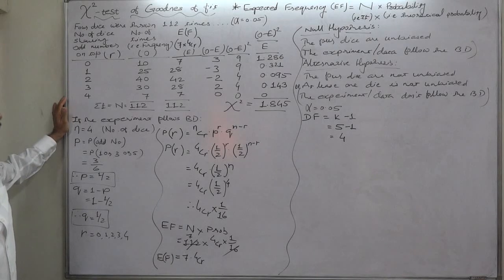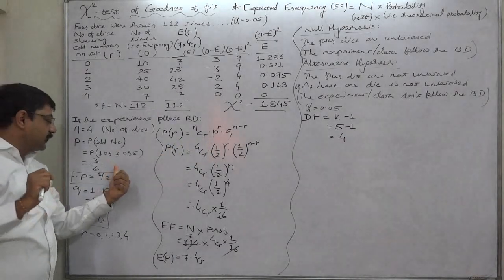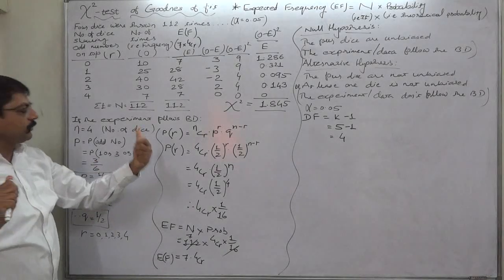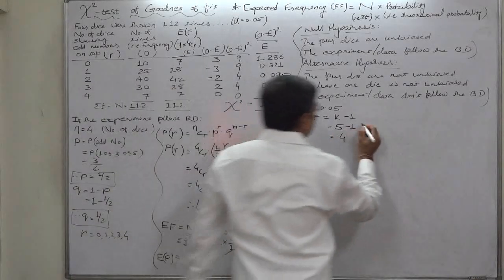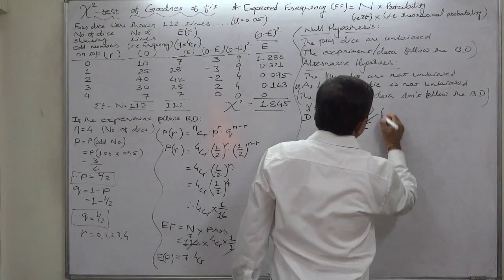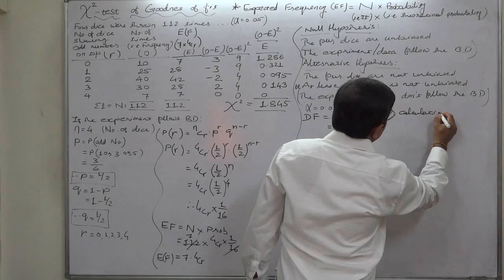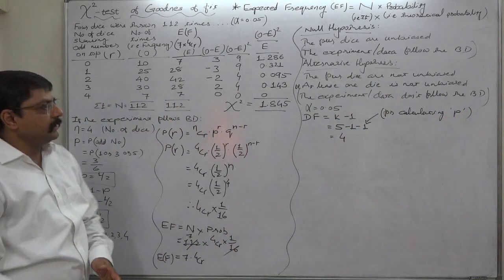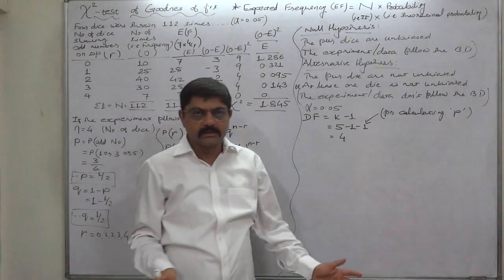So calculation of probability of success is necessary to go forward to calculate the binomial probabilities. We have to subtract 1 for calculating P. Now, this is somewhat a matter of arguments and difference of opinions.